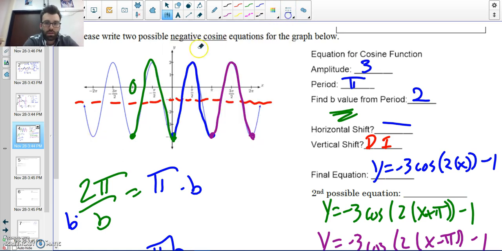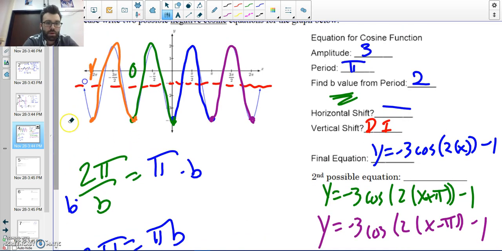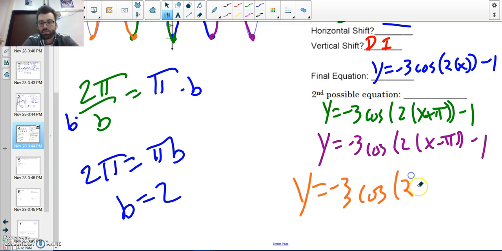Tilted, right here. Up, back, down. There. And then that'll make my shift 2 pi. So y equals -3 cosine of 2x plus 2 pi, minus 1. Those are those 3 graphs.